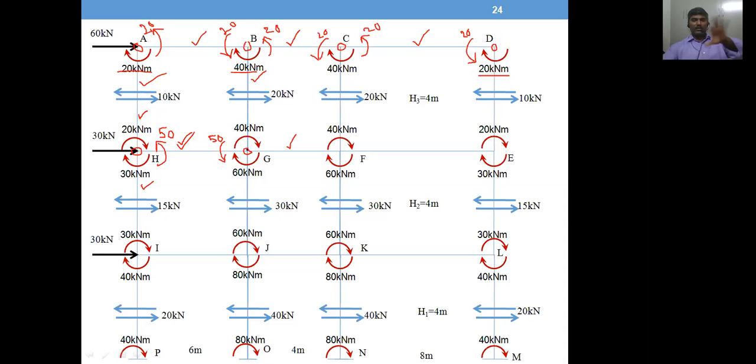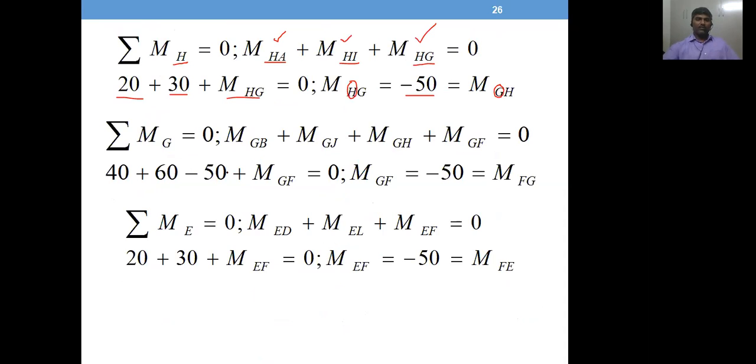You know all other three values. Say GB 40, GJ 60, and GH 50. And directions you must be careful. 60 clockwise, 40 clockwise, whereas 50 is anti-clockwise. Okay, so that you should be careful with in this equation.